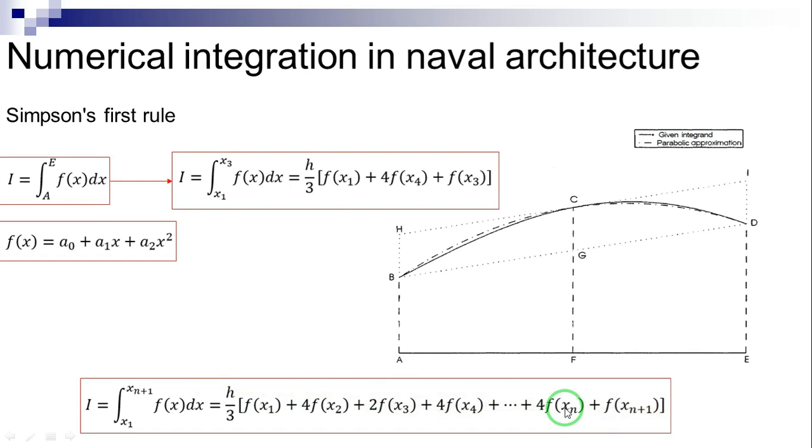Note that the application of Simpson's first rule requires that the number of subintervals be an even number. Thus, the values of the function f(x) will be available at an odd number of points. Note that in this case the error is proportional to h to the power of 4, and so if we halve the subinterval, the error is reduced approximately in the ratio 1 divided by 16.